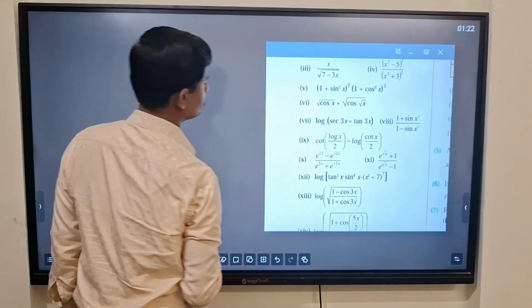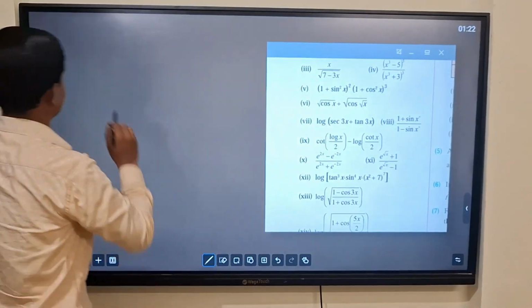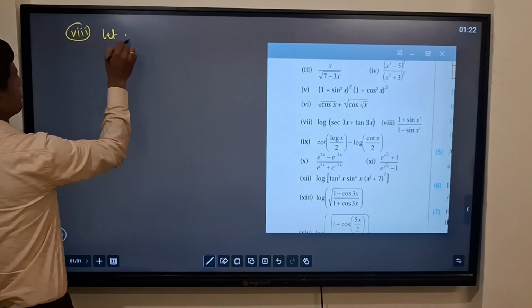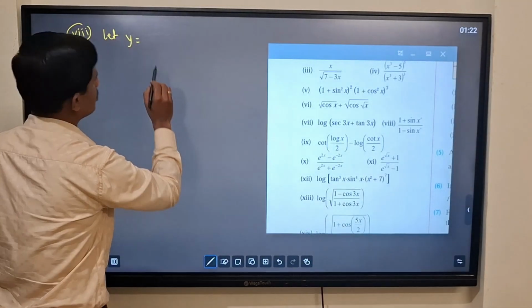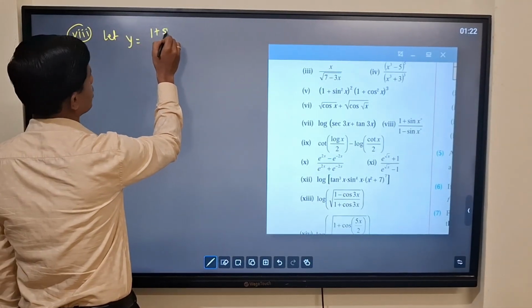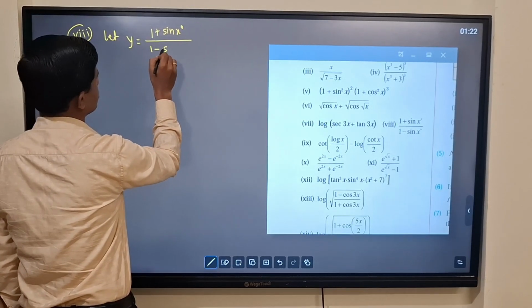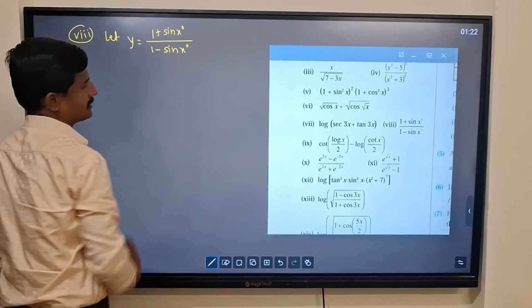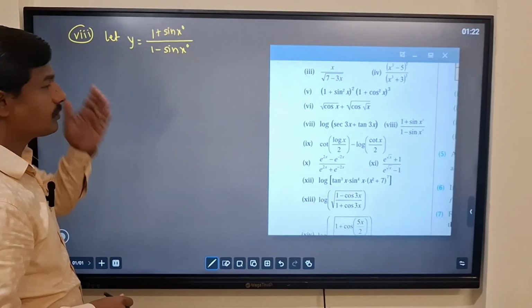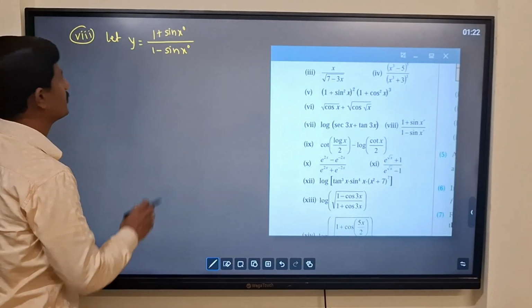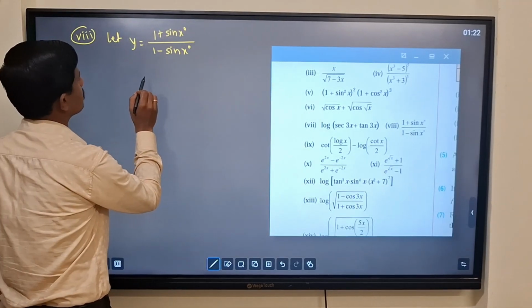Now next, 8th one. Let y equal to 1 plus sine x degree upon 1 minus sine x degree. Now we have to use angles in radian. Okay, so now how to convert this degrees into radian?